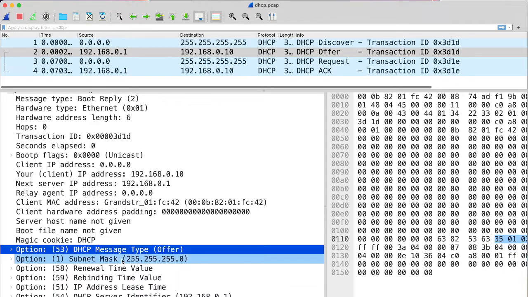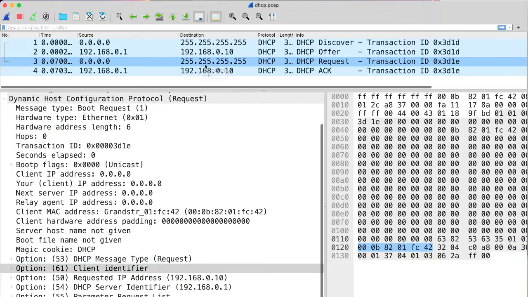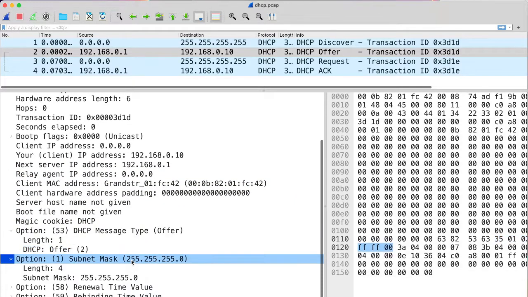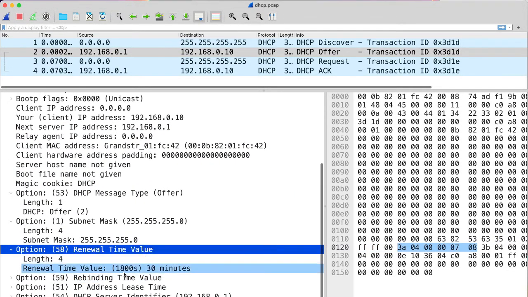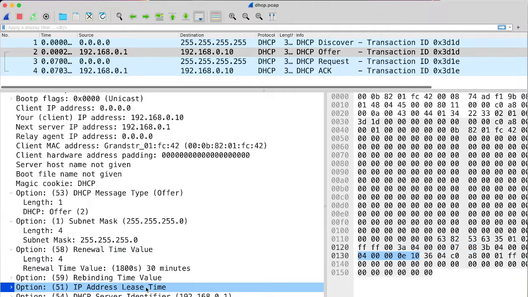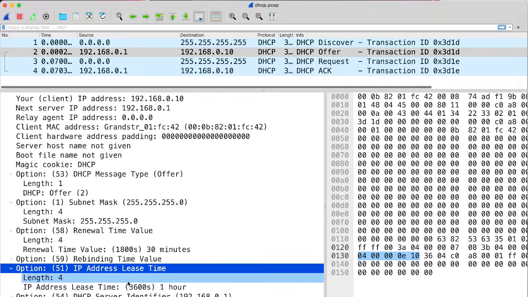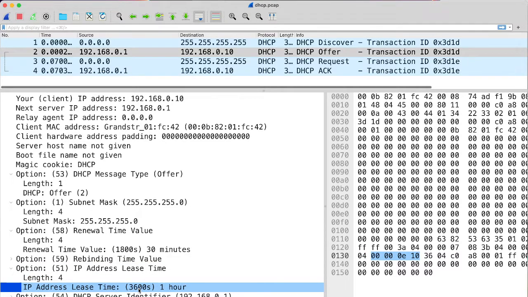We still would like to know what the subnet is, what the renew time is, what the IP address lease time is. The IP address lease time, usually in seconds, means that before this time, for example 3600 seconds, you can use the IP address that the server sent to the DHCP client.